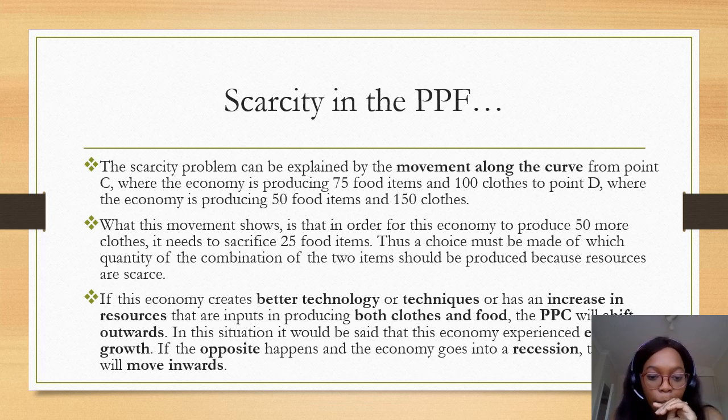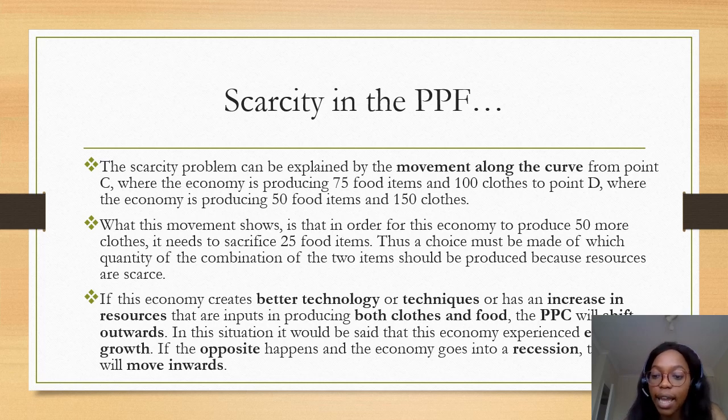Now we are getting into another section, where we relax the assumption that economic conditions remain the same. So now we are assuming that in this economy there is better technology or techniques, or an increase in resources in producing both food and clothing items. What will happen? The PPC will shift outwards. And if the opposite happens, it will shift inwards.